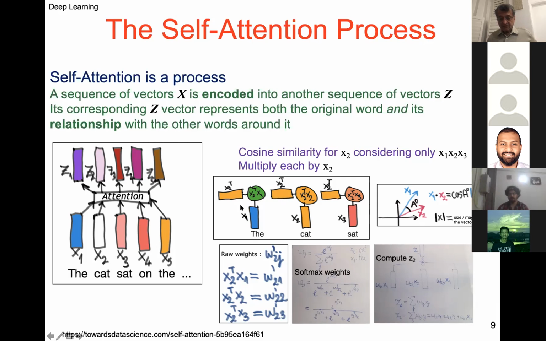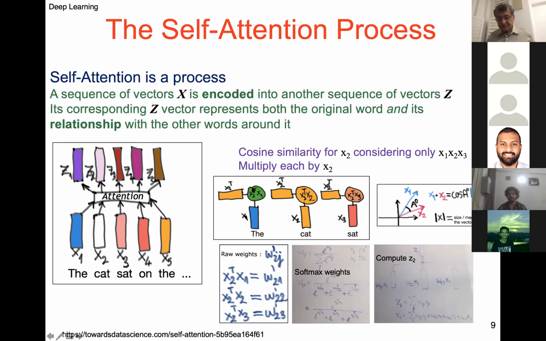So we say this is a weight, this is a weight, this is a weight. And these are what are called raw weights, W2j. So x2 has a weight W2, and W2 is nothing but x2 transpose x1 here. x2 transpose x1 is this one, x2 transpose x2 is this one, x2 transpose x3 is this one.